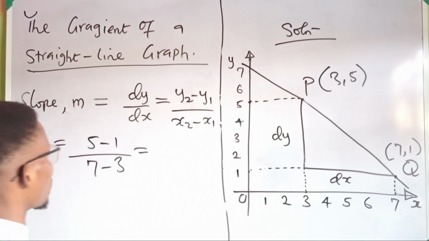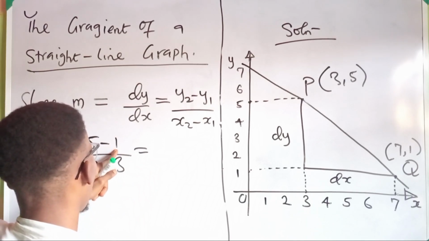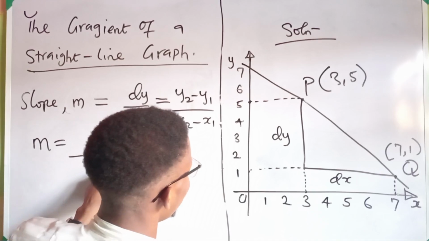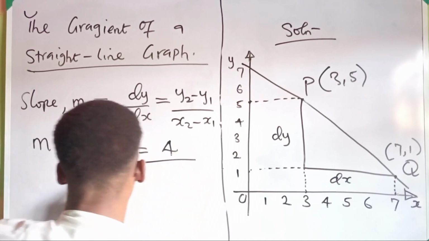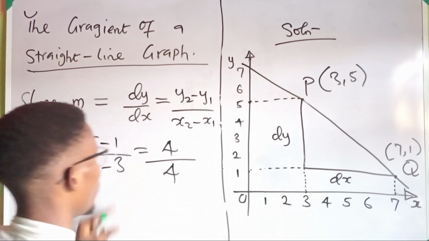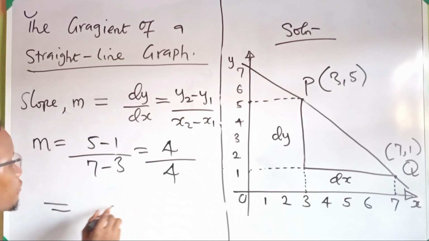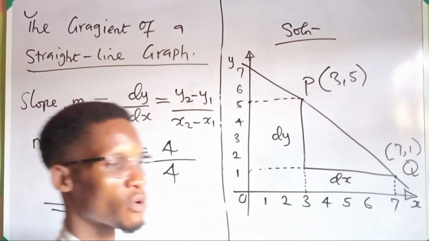It will now give us 5 minus 1, which is 4, all divided by 7 minus 3, which is also 4. So this is going to give us 4 over 4, which is 1 as the slope. That's how to solve this problem.